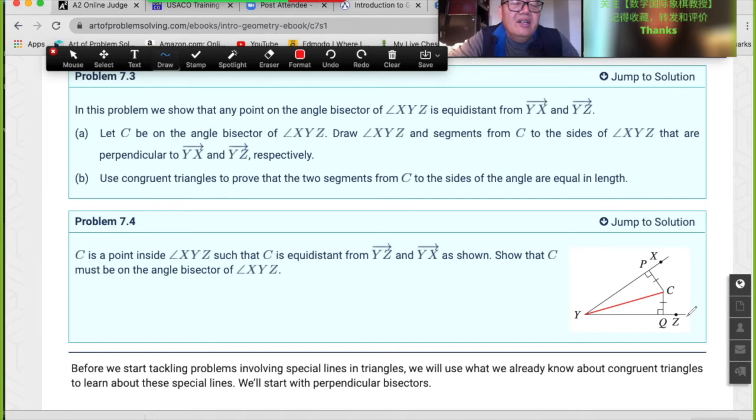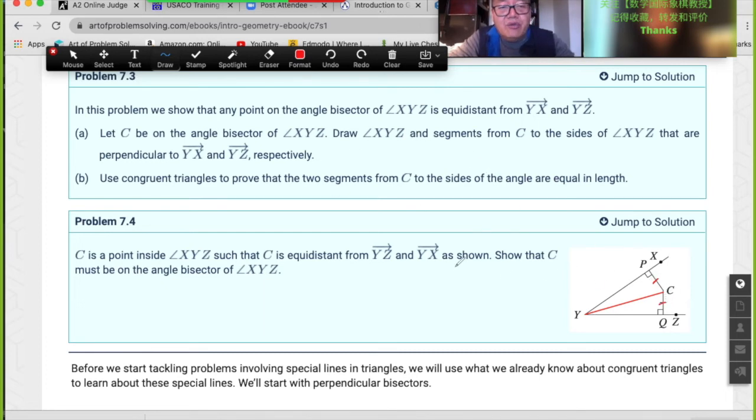Are the same because each have, no. PC is the, now let's see, okay, C is on the angle bisector. Draw this one perpendicular to this. Then use congruent triangles to prove this. Here they ask you to prove this. You cannot use this.